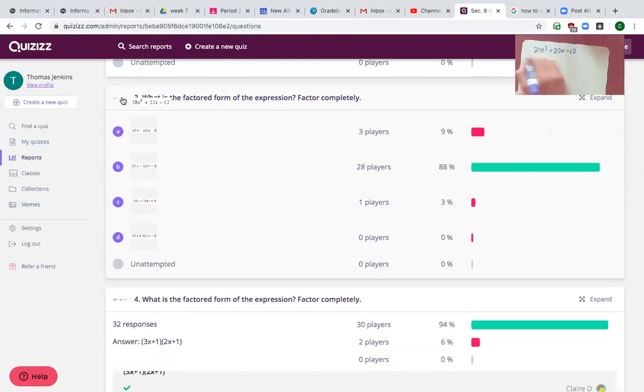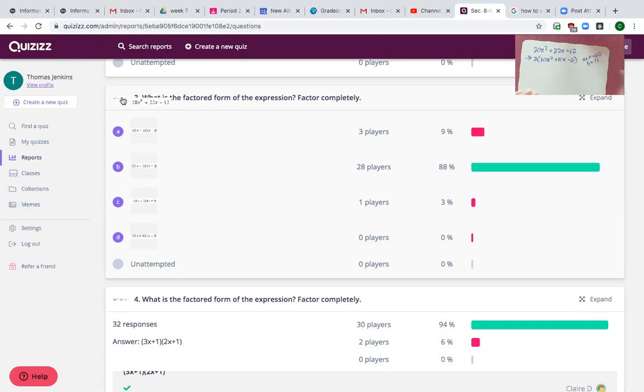So let's rewrite it as 2 times the quantity 10x squared plus 11x minus 6. Now our work just got a little bit easier because our numbers are smaller. a times c is -60, because negative 6 times 10 is negative 60, and b is 11.